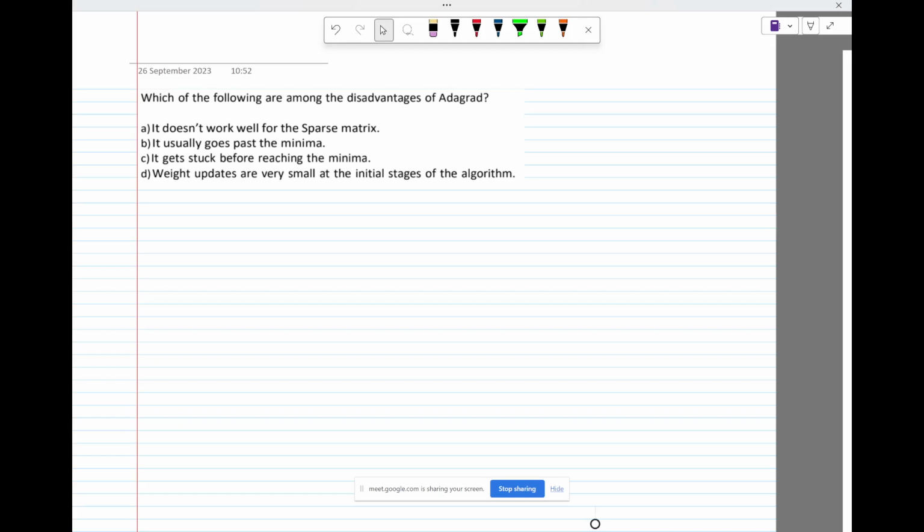what it does is you have W_{t+1} is equal to W_t minus eta times some small update plus square root R_t times your gradient at time t, and this R_t is from tau equal to 1 to t, that is till the current time step, the square of the gradient.